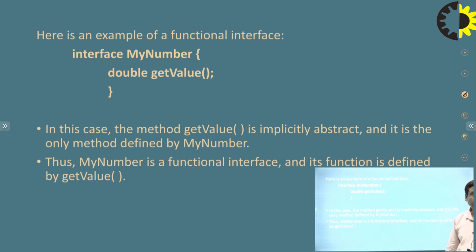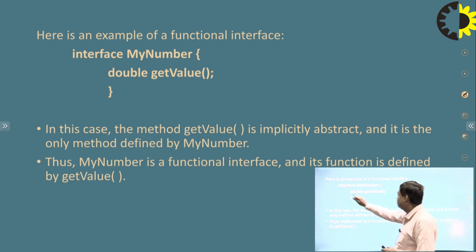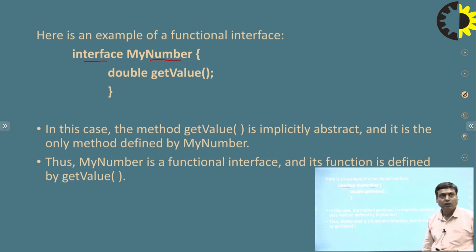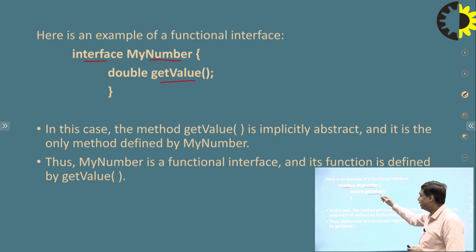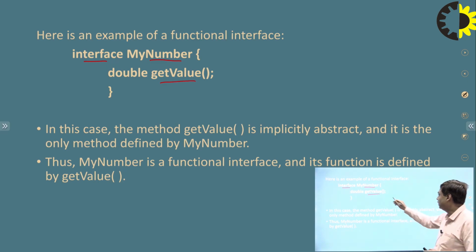Next, here is an example of a functional interface. Look at the implementation. To define any interface, we write the interface keyword here. Then we write the name of the interface. Next, I have to write a method in this interface. So one method is given, getValue, and it is an abstract method because it ends with a semicolon.